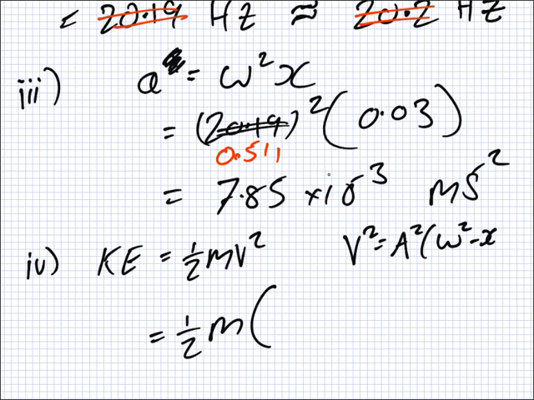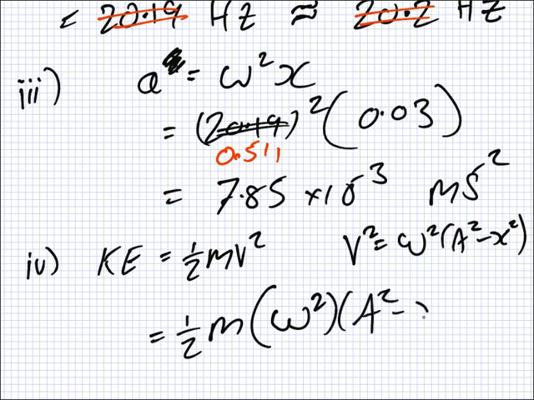Simple harmonic motion formula: v equals plus or minus omega root a squared minus x squared. Yeah, you can confirm that, Diego. Great. Okay. So then this is omega squared, a squared minus x squared.